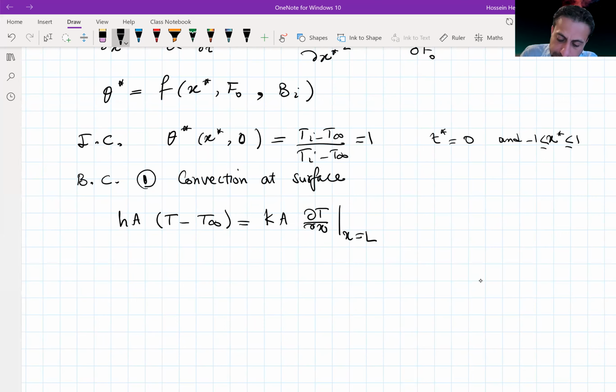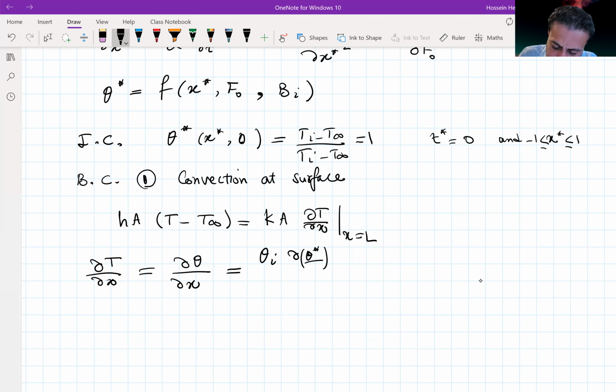So if I want to convert this one to the dimensionless form, first of all, we have dT over dx, and dT/dx is going to be d theta over dx. Theta was T minus T infinity, and converting that to the dimensionless form is going to be theta i d theta star, where theta star is theta divided by theta i.